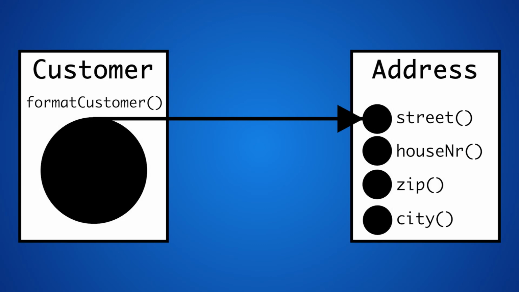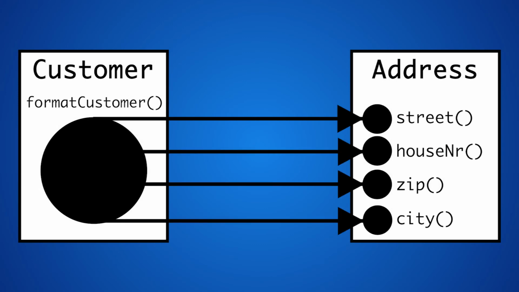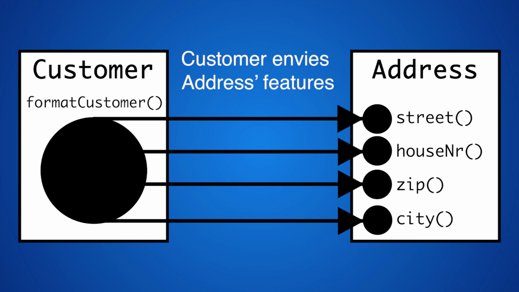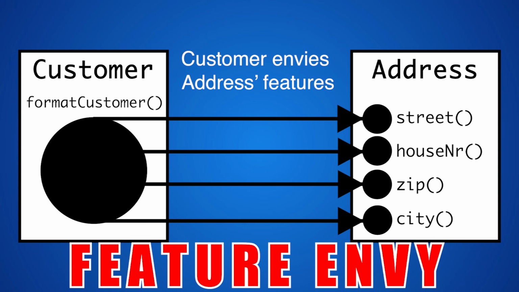If a piece of code logic accesses getters or data of an object or type repeatedly, it appears to be envious of the abstraction for the feature it provides, because it requires it to accomplish its own goals. If a class or type is envious of the feature another class or type provides, we may have the so-called feature envy code smell.